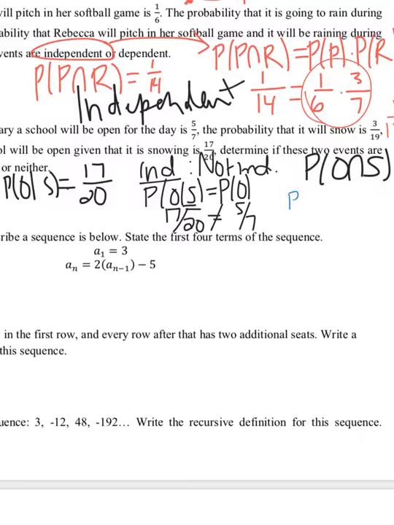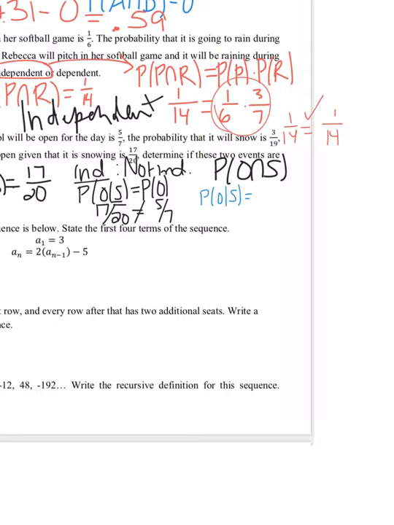The probability of O given S is equal to the probability of O and S divided by the probability of the given, right? The probability of a conditional is equal to both over given, I think I said in class.